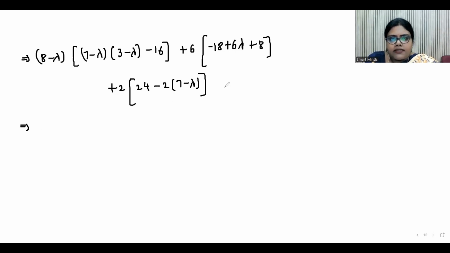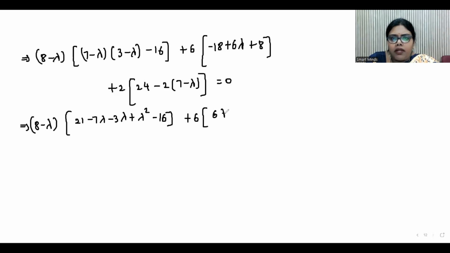So that is equal to 0. That implies 8 minus lambda into, now multiply these two brackets, 21 minus 7 lambda minus 3 lambda plus lambda square minus 16, plus 6 into 6 lambda minus 10, plus 2 into 24 minus 14 plus 2 lambda equals 0.